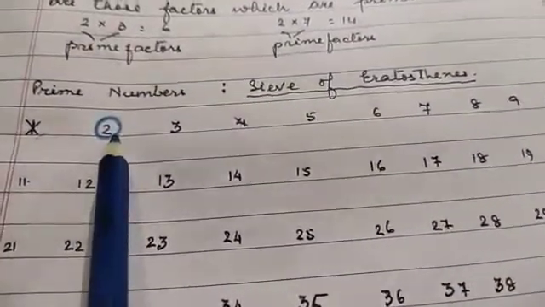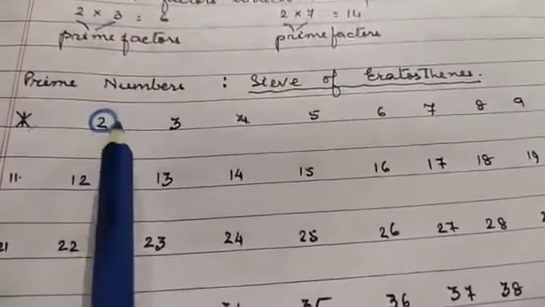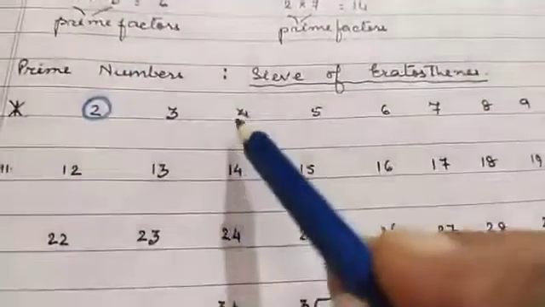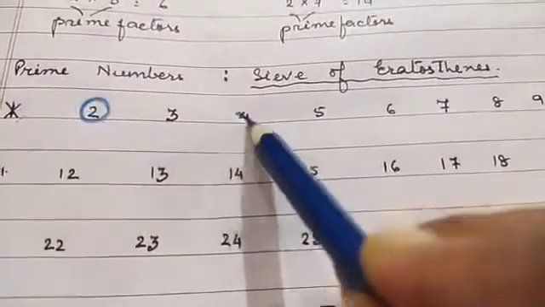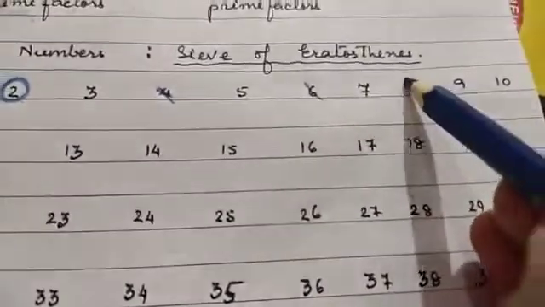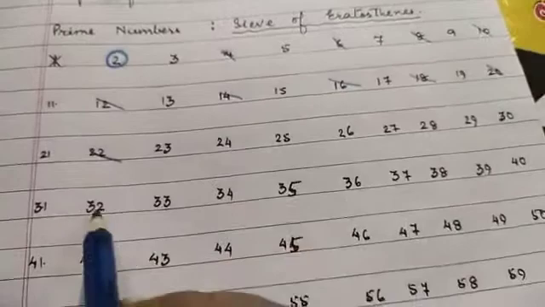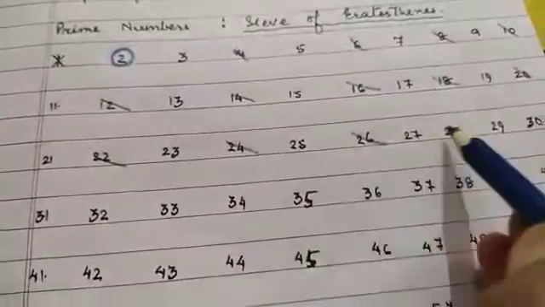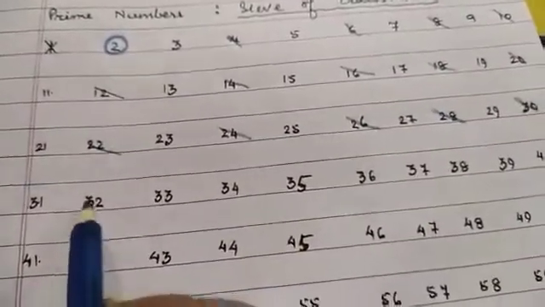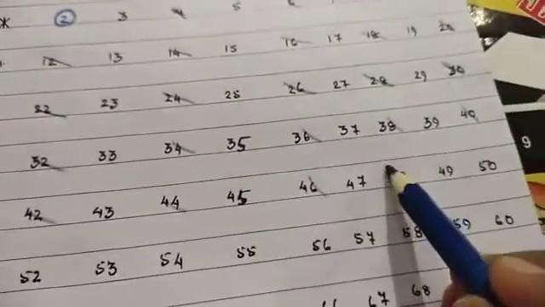Then the next number after 1 is 2. So we will circle 2 and we will cross out all the multiples of 2. 4, 6, 8, 10, 12, 14, 16, 18, 20, 22, 24, 26, 28, 30, 32, 34, 36, 38, 40, 42, 44, 46, 48, 50, 52.